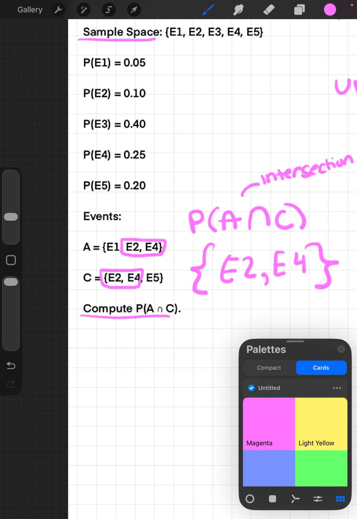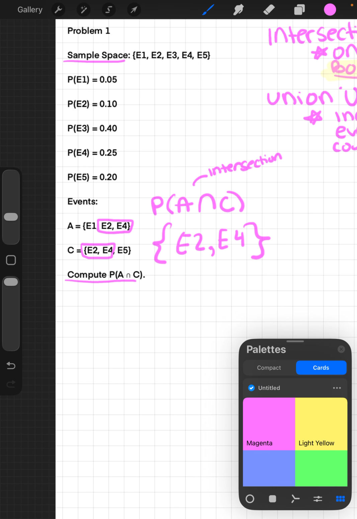So what do we do now? Since we have each one, we can look up here. We just add these up. So this is 10 plus 25, and this will equal 0.30.